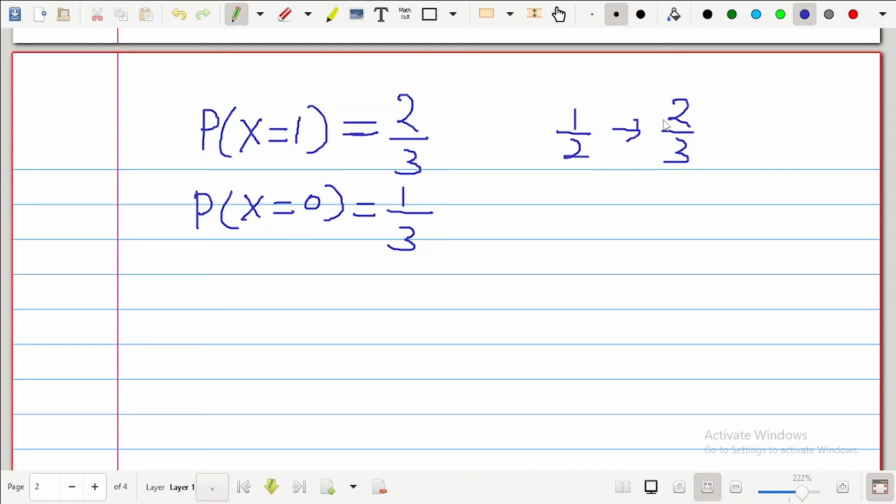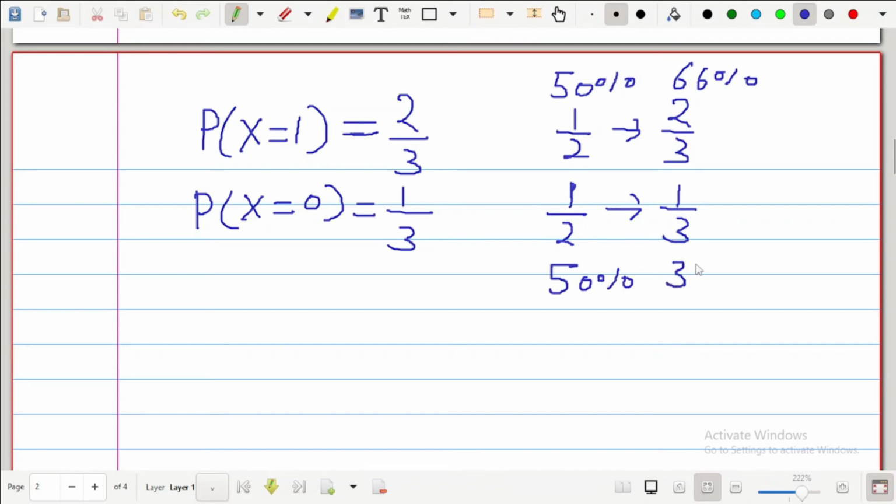Half is 50% and 2/3 is about 66%. So I am making more chances to get head, and decreasing tail from half to 1/3, which is about 33%.